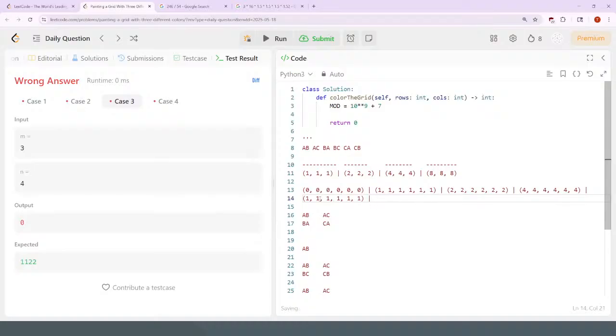Okay, so here, what was I considering here? I was considering the 1s here to represent the vertical. So 1 is vertically AB, 1 is vertically AC, 1 is vertically BA, BC, CA, CB.